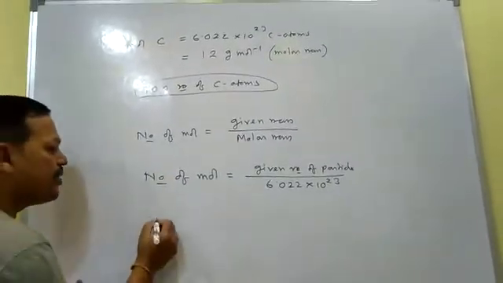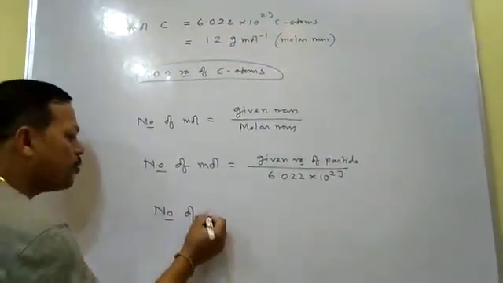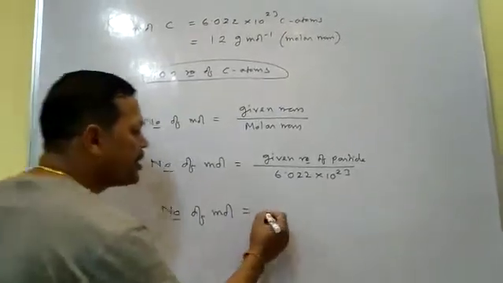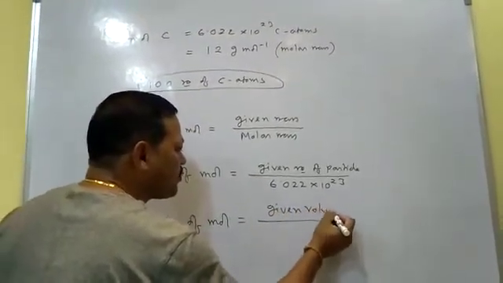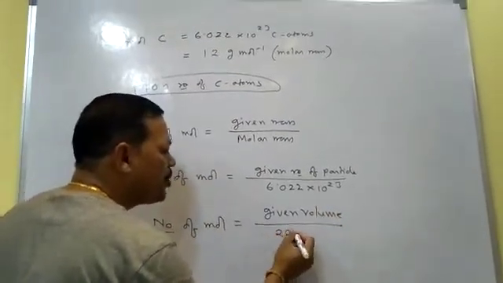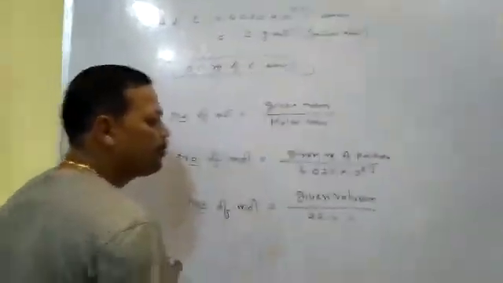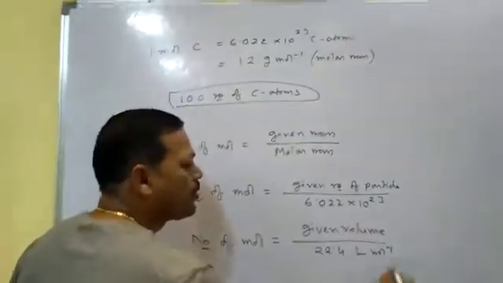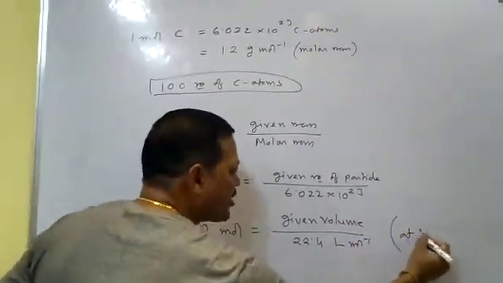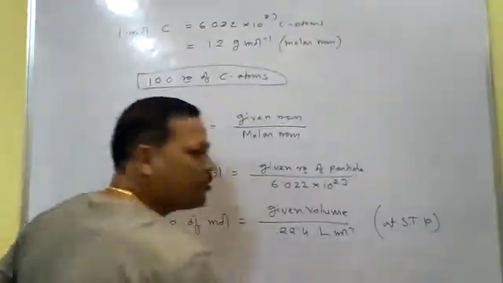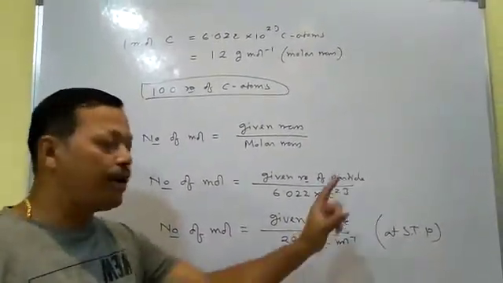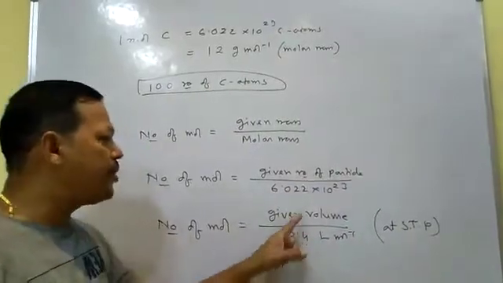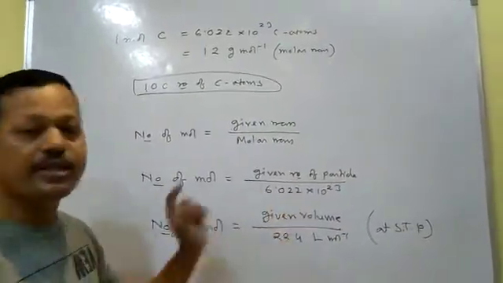If the volume is given, then you can apply another formula: number of mole is equal to given volume divided by 22.4 liter per mole at STP. This condition must be mentioned in your question, otherwise you cannot apply 22.4 liter.